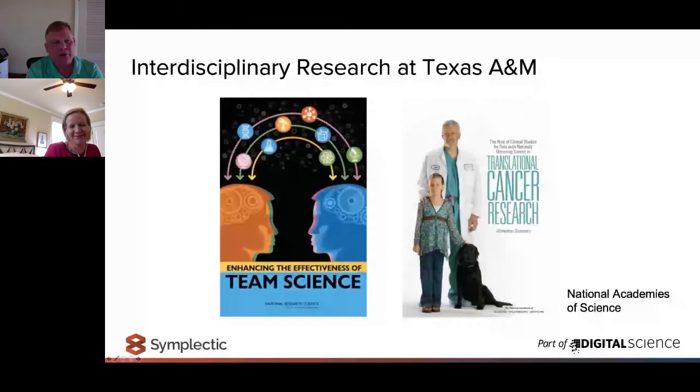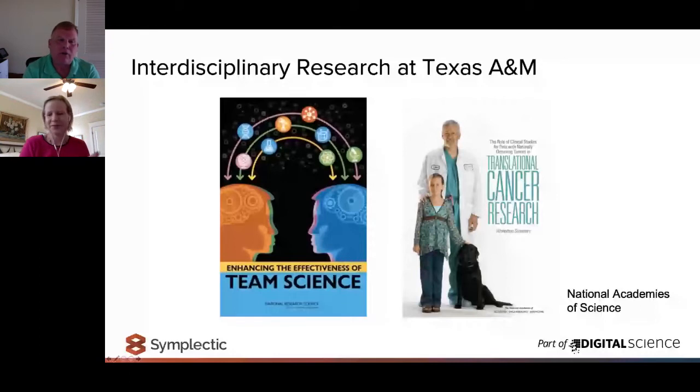Texas A&M has been involved in the last couple of years at really trying to build interdisciplinary research teams across campus in order to have important, impactful research that both advances our knowledge, but also builds our societal impact and engagement with grand challenges facing both Texas and the world.